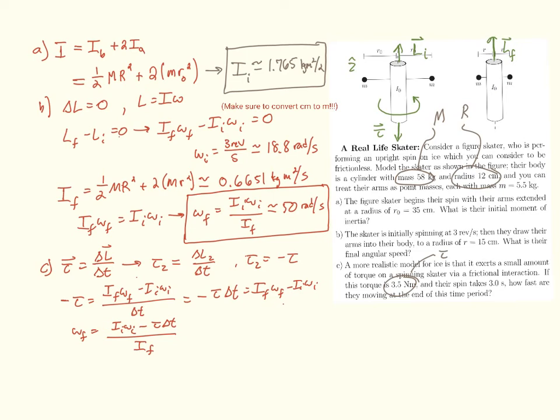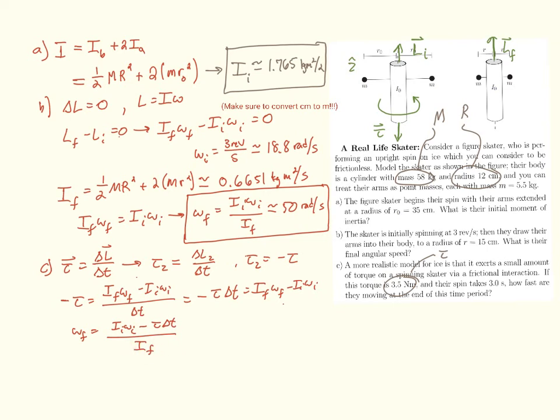which is just that. And you can see in this form, it's easy to recognize that that negative sign should be there. You start with the initial angular momentum. It is decreased because of the action of the torque. The torque is slowing down the final angular momentum. And then you divide by the final moment of inertia, and of course that slows down the final speed too, because if this is bigger, the final speed will be less.